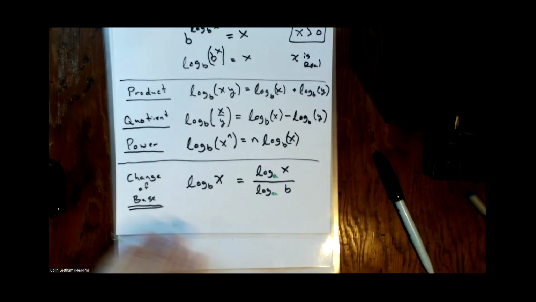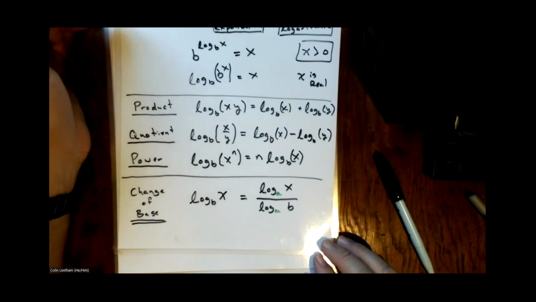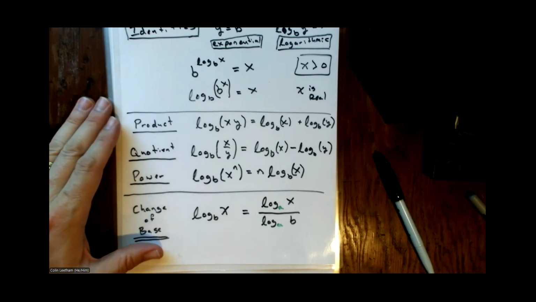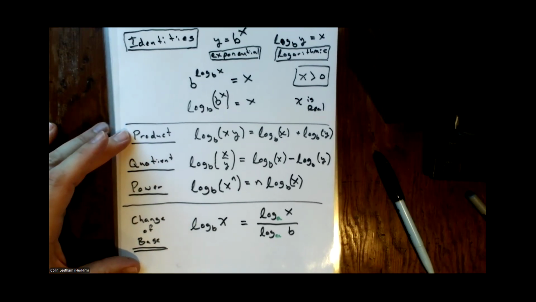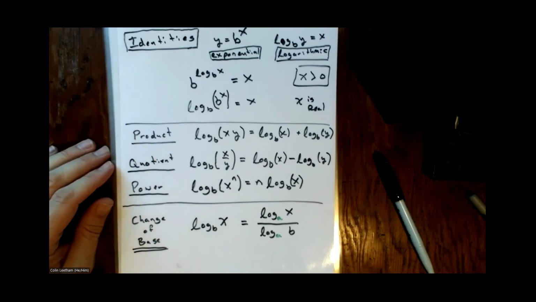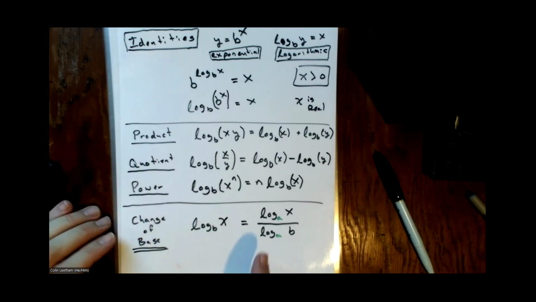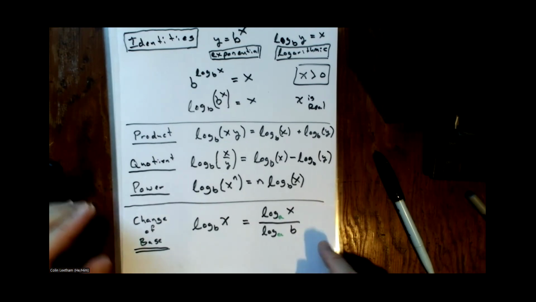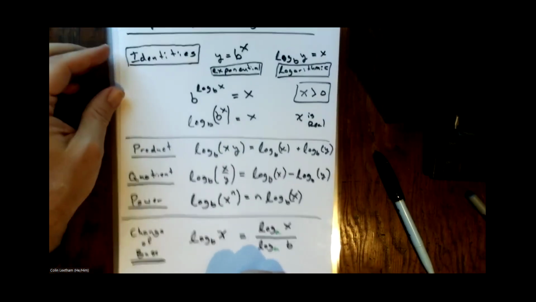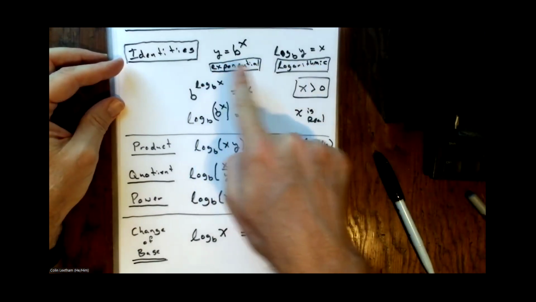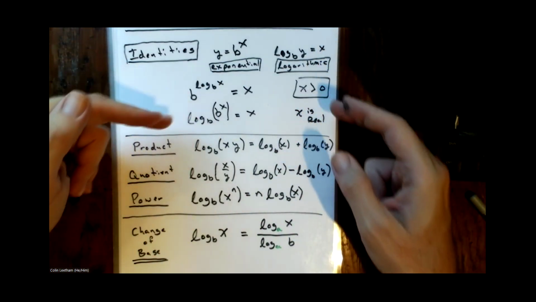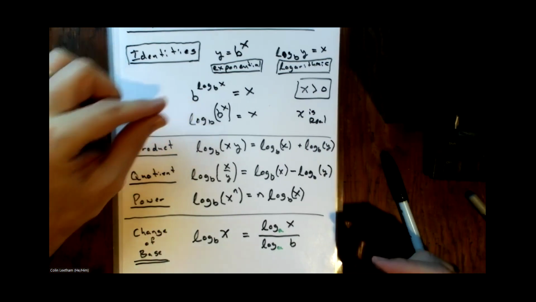But yes, so these are our main properties that we use. And like I say, this mostly gets used if we're evaluating things. Sometimes this right here gets used when we're solving equations. And these kinds of identities can be helpful for us in other things.